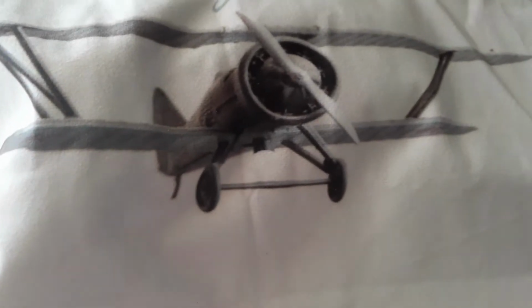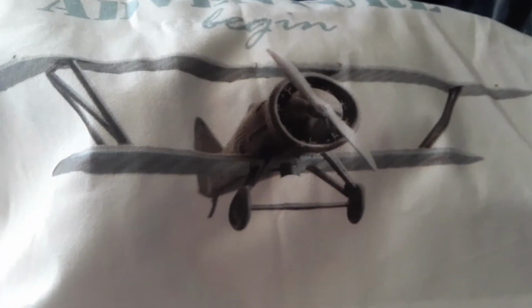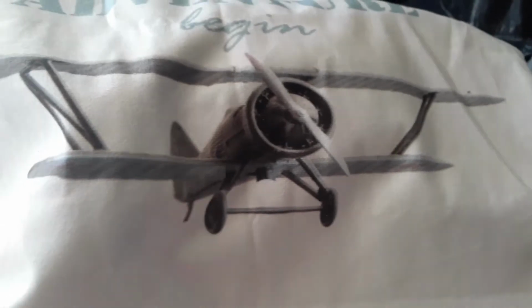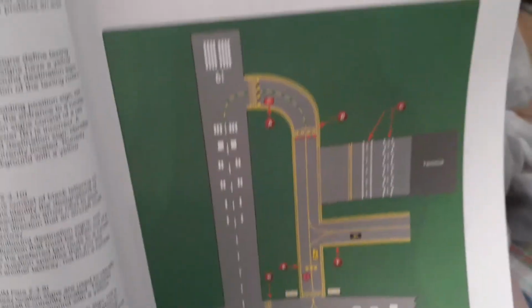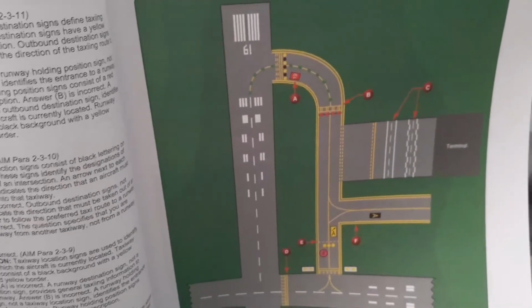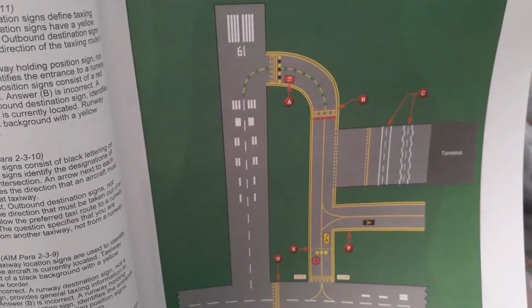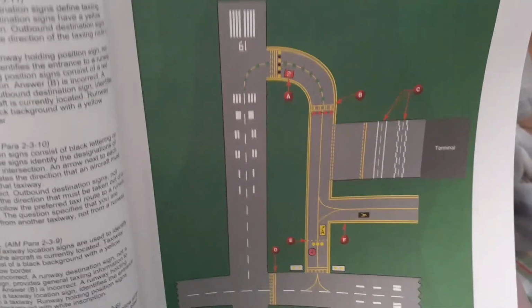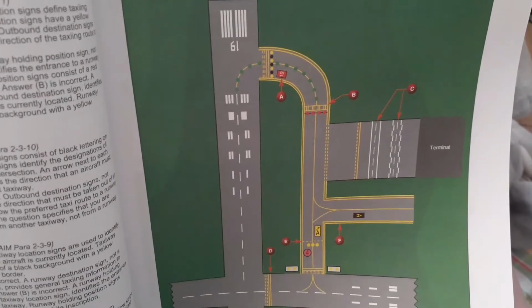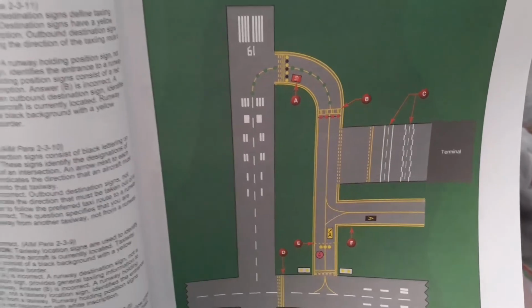Continuing to question 14. There's another figure or diagram to look at. Question 14. What is the purpose of the runway hold position sign? A, denotes entrance to runway from a taxiway.